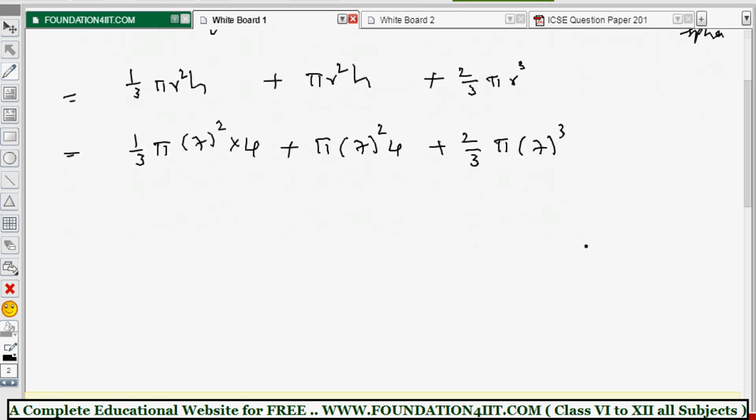Then we need to simplify all these. Just take out what is common. I can take common pi 7 square.